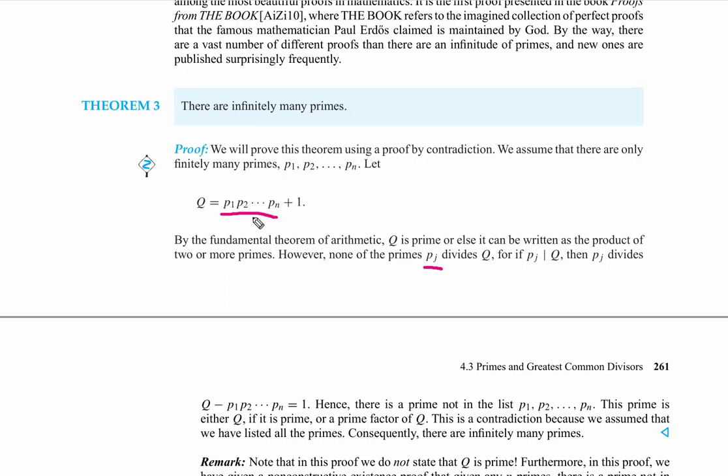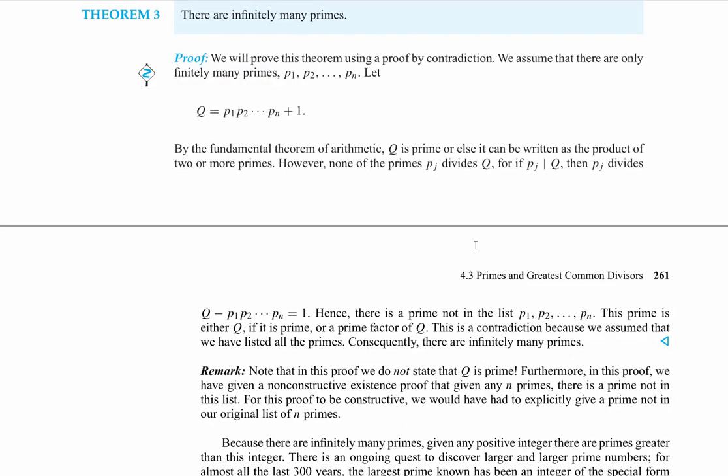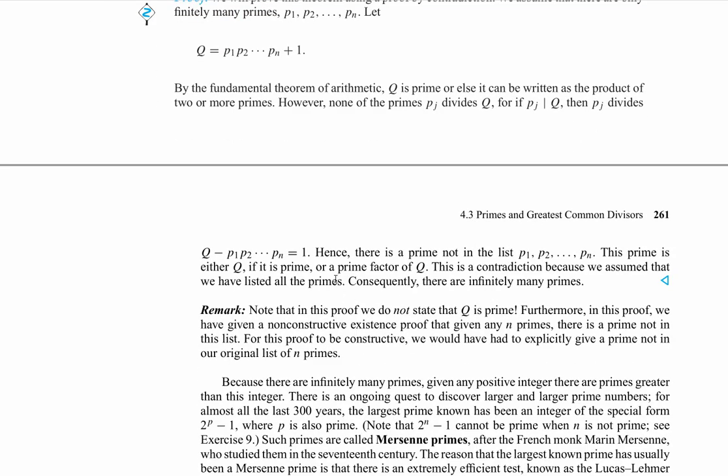So if you look at the difference, P sub j has to divide 1, which is not possible. Okay, so none of these finite number of primes divide q.